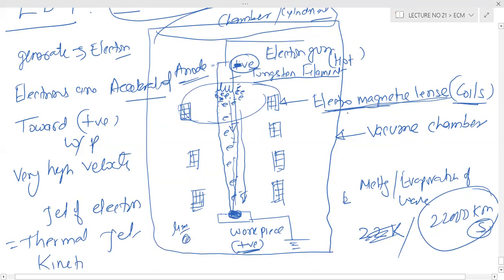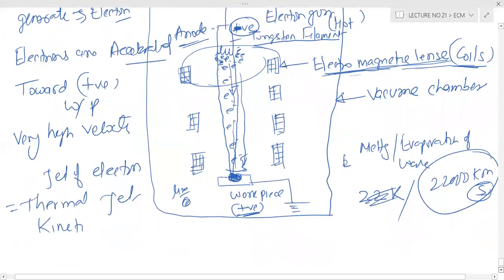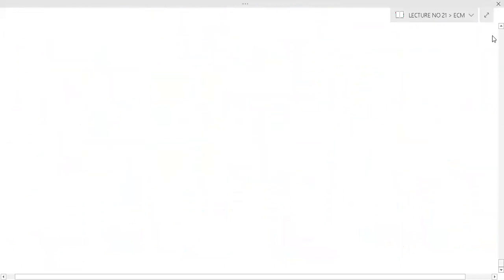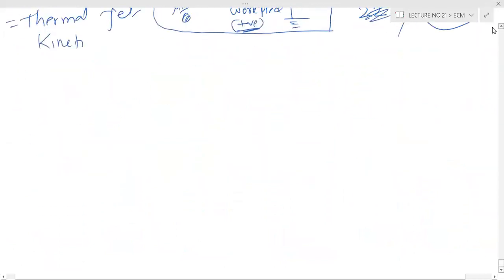And by changing this electromagnetic lens, by shifting, you can shift this jet impact, and finally machining is done. So basically, how is machining done? You have understood, a stream of high speed electrons impinges on the work surface.